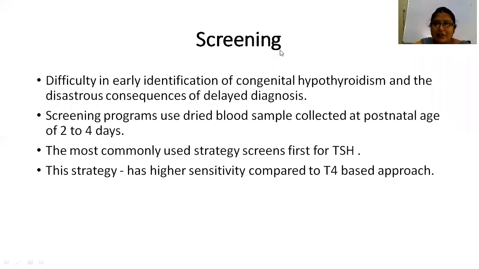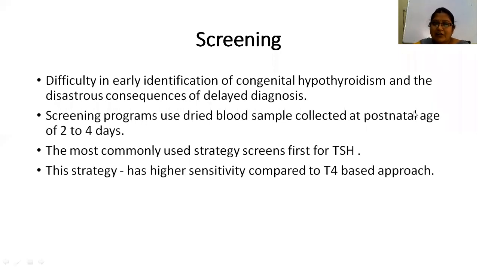An important topic is newborn screening. Okay. There is difficulty in early identification of congenital hypothyroidism and disastrous consequences of delayed diagnosis on mental and intellectual development. Hypothyroidism is the most well-known preventable cause of mental retardation in children.